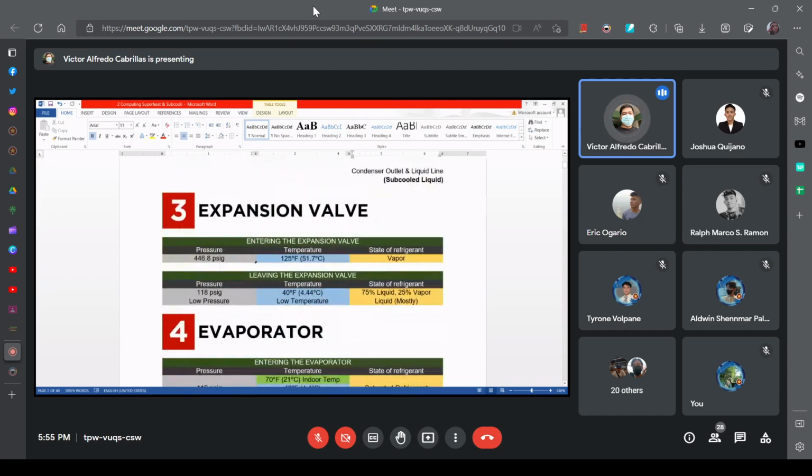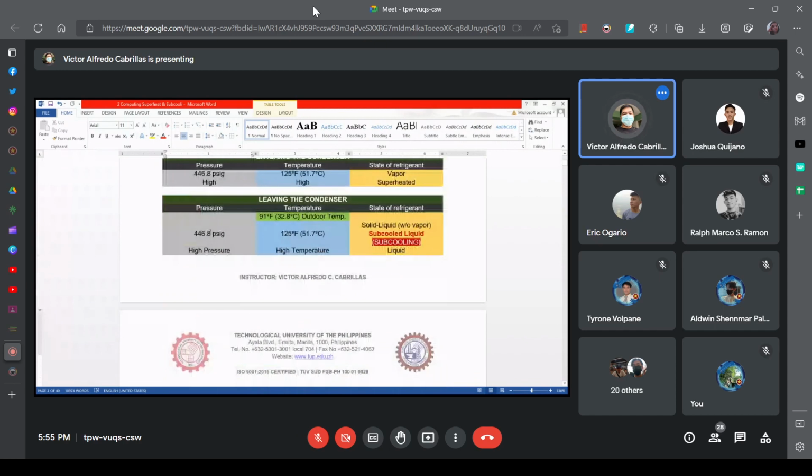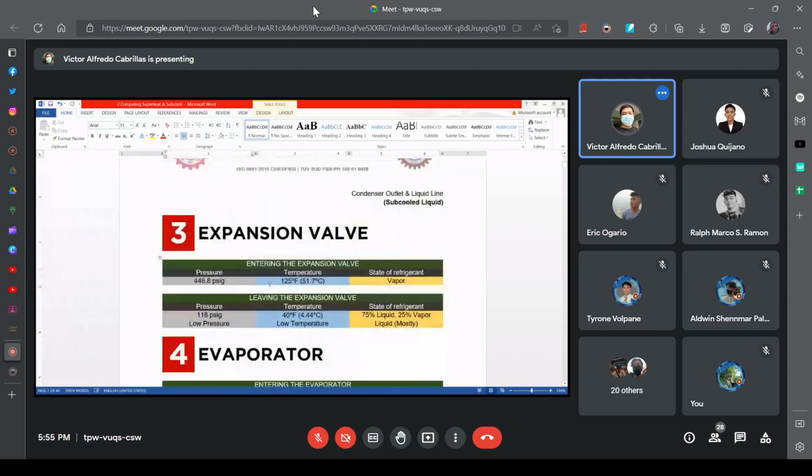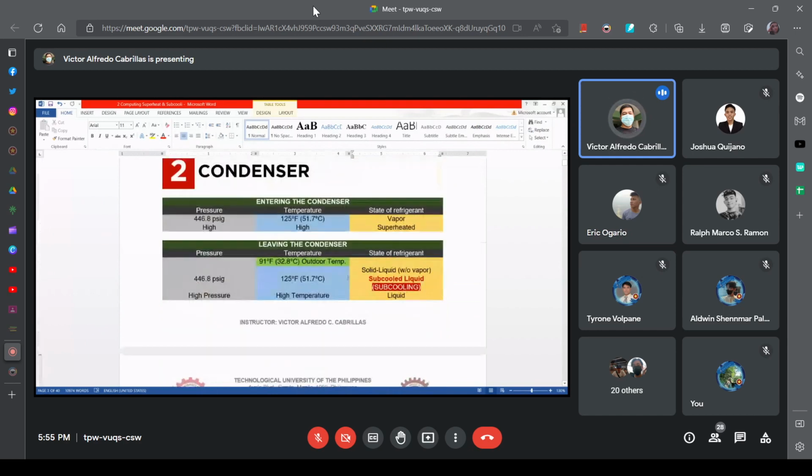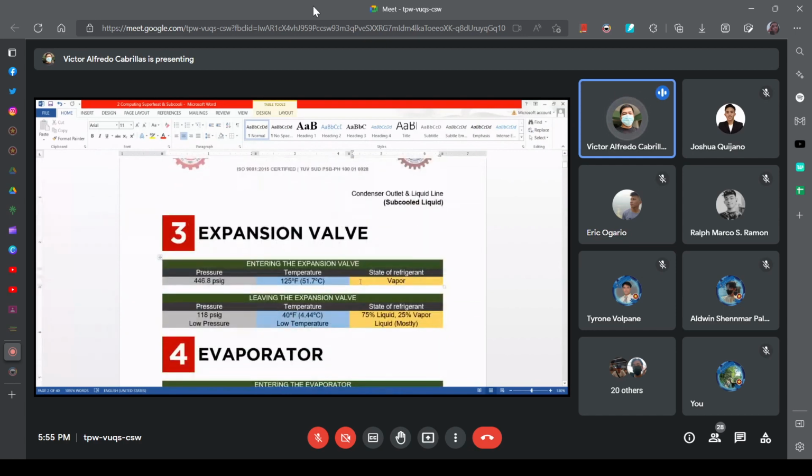Pagdating naman sa expansion valve, okay, so pressure entering the expansion valve, same pa rin, okay, papasok. So ganun din, liquid. So entering the expansion valve, so liquid, okay? Liquid siya.